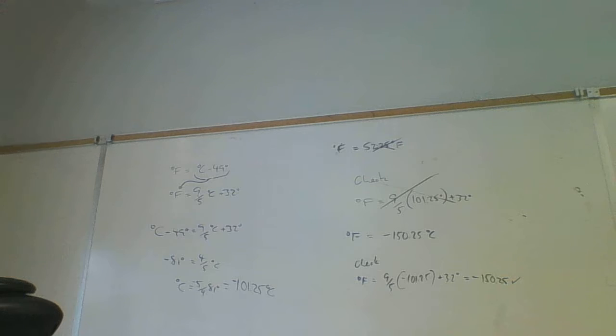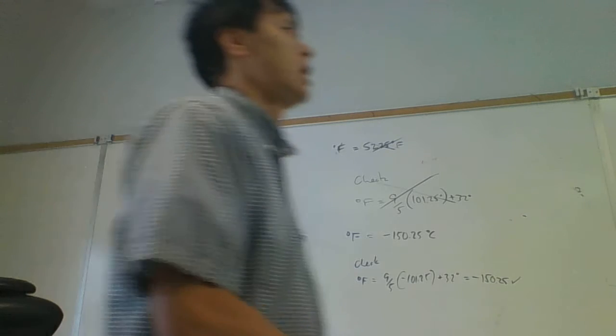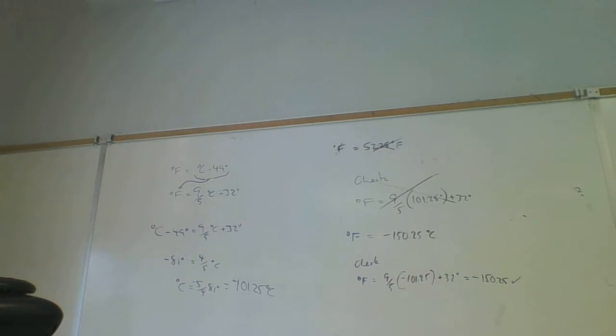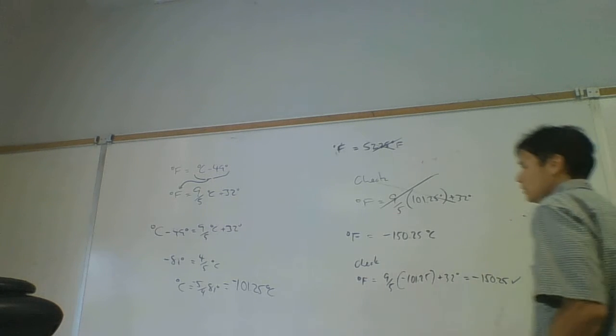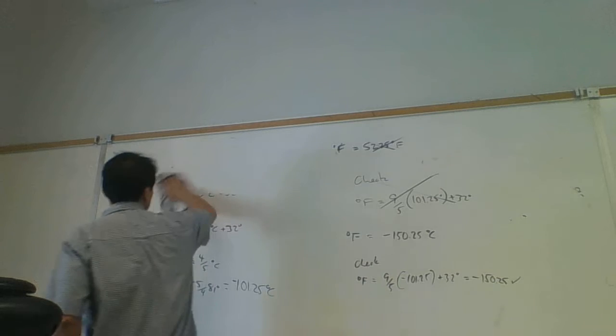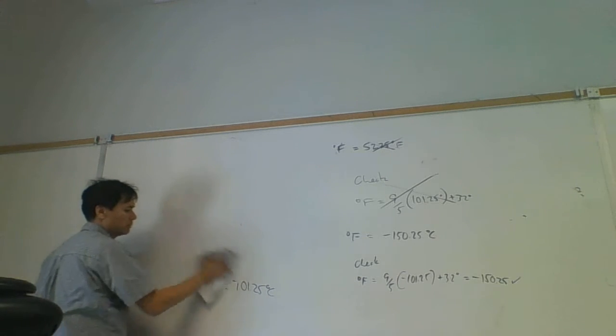Okay, let's try one more. Okay, what Fahrenheit temperature will be twice the Celsius temperature? In other words, the Fahrenheit thermometer will read 2 times what the Celsius thermometer is reading.